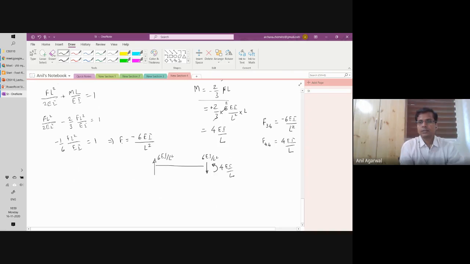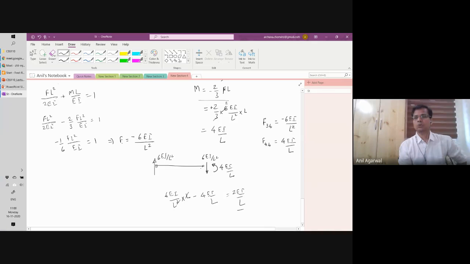So we have done this exercise before. The moment balance will require, let me take the moment about this point. So I got 6ei by L square multiplied by L. This is in the clockwise direction, minus 4ei by L, which is in the counterclockwise direction. The total moment is 6 minus 4, equal to 2ei by L. So I have a net moment acting in the clockwise direction equal to 2ei by L. I have to apply a balancing moment, otherwise the system will not be in equilibrium.